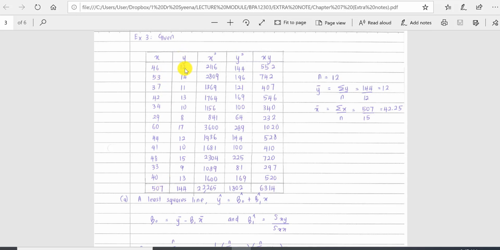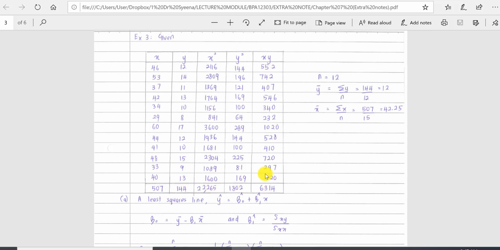So the total of y, the summation of y, 12 plus 14 plus 11 plus 13, then you get 144. So we must get the total value of all the 12 data. Then we get the value. So the second step is to add the row. This is the row for the total for each column.